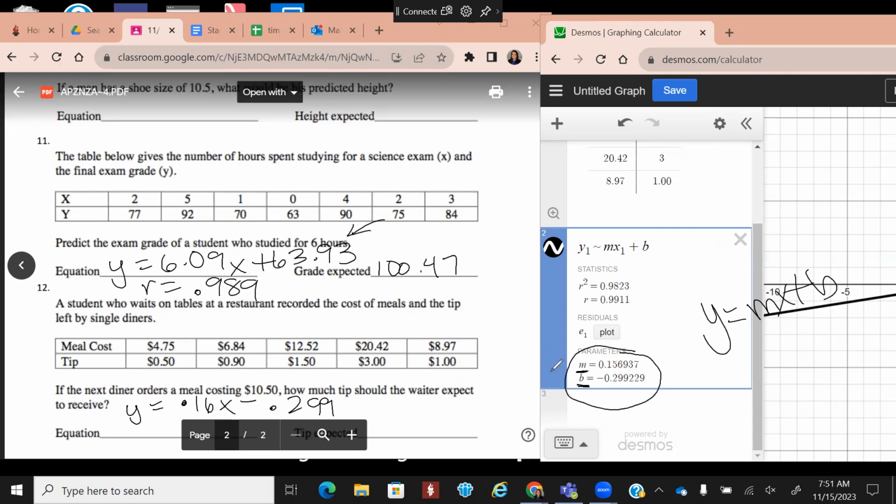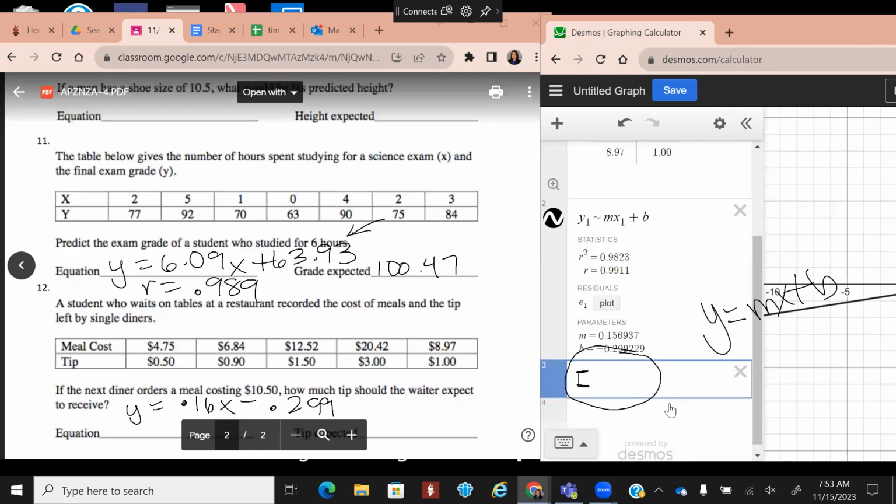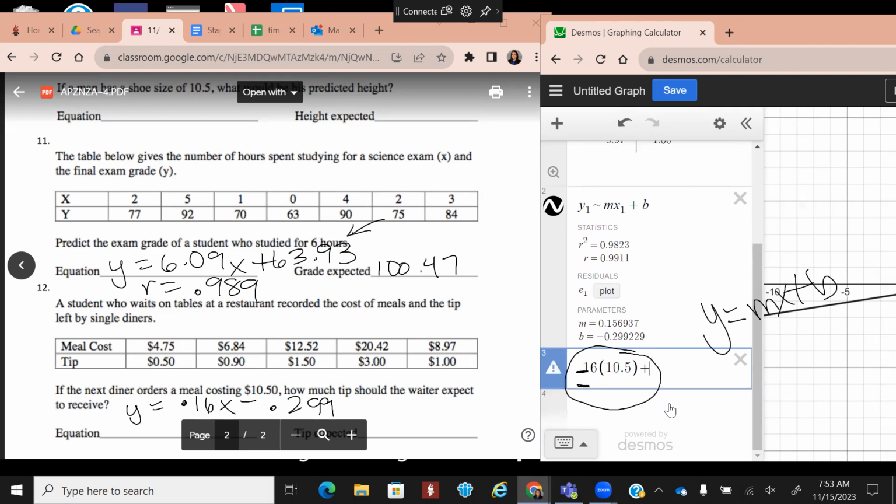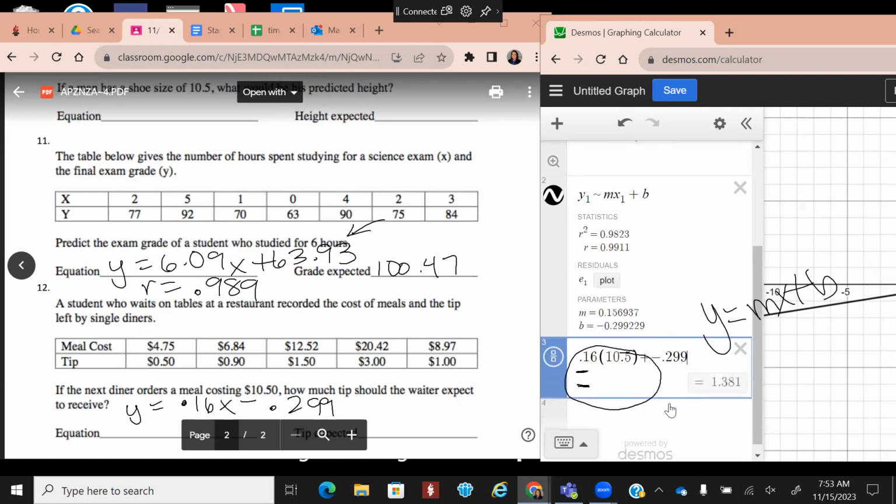Okay. The next part would be that you're going to plug in 10.5 into that equation. So take a moment, try that. So now we're going to plug in that 10.5. And when we do that, that's going to give us 0.16 times 10.5 plus negative 0.299.